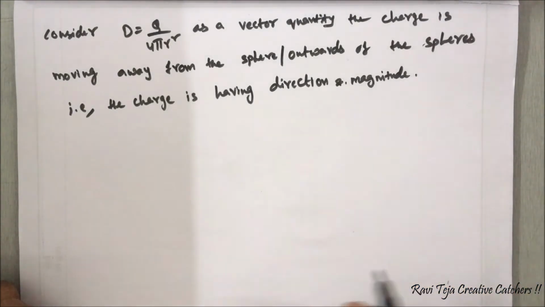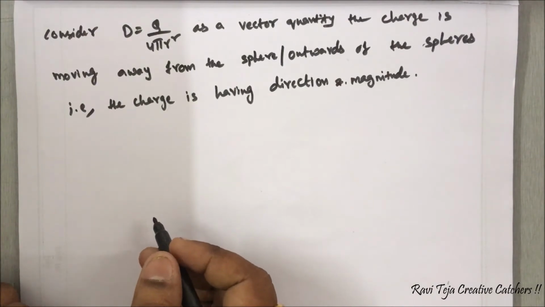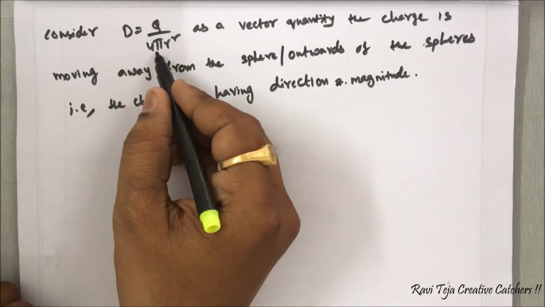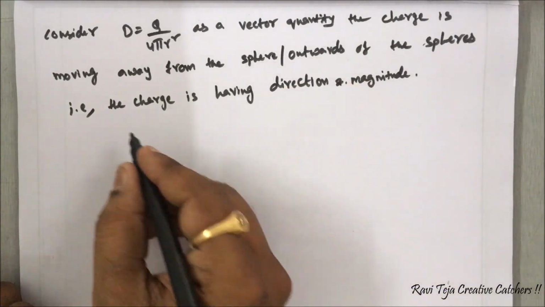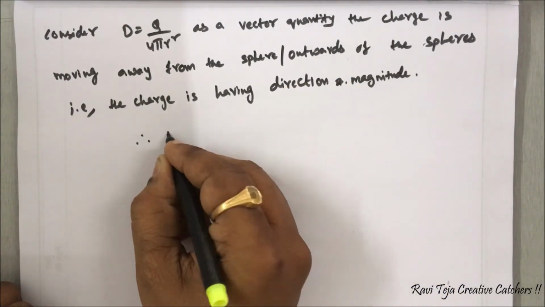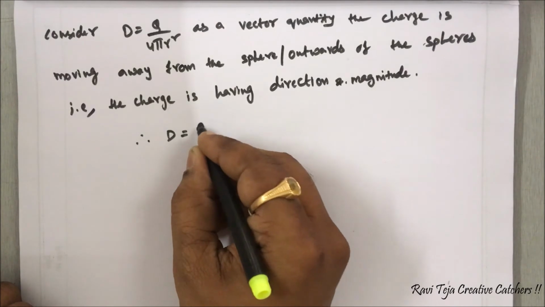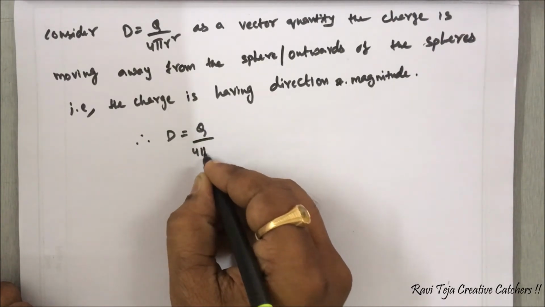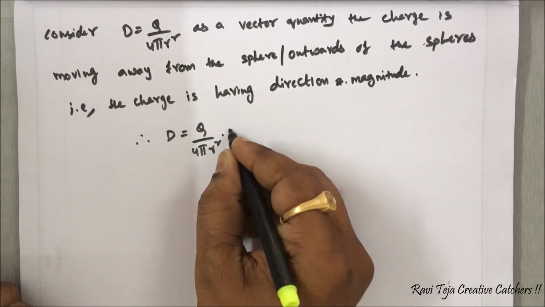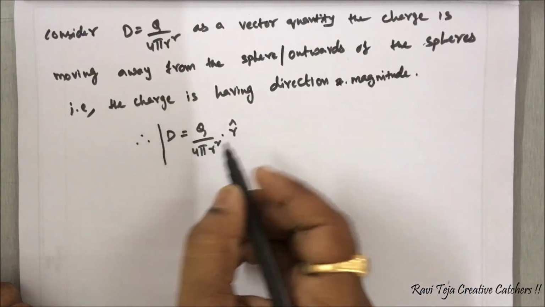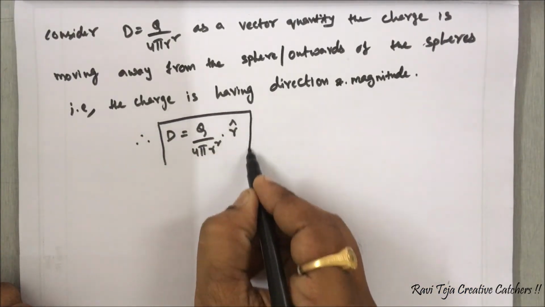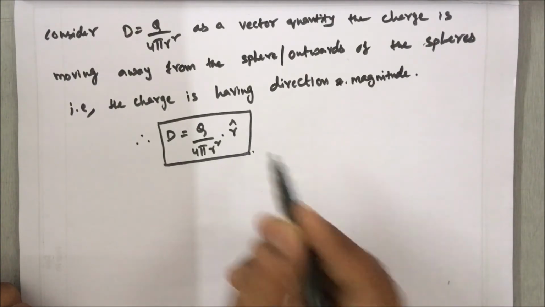Okay, so we can consider this particular D equal to Q by 4 pi r square in a vector quantity. So therefore D is equal to Q by 4 pi r square into r cap. This is how to represent D in vector form. Okay.